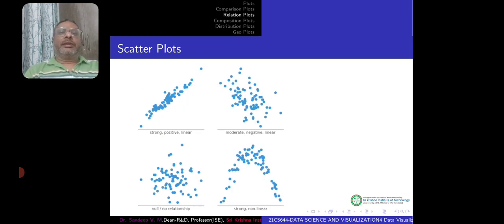So here we can see that there are various types of plots. So first one, the top left one, shows a strong positive linear relationship between them. So x-axis and y-axis are two, and when they are plotted, so we do find that the spread is in only one direction, that is the minor diagonal direction.